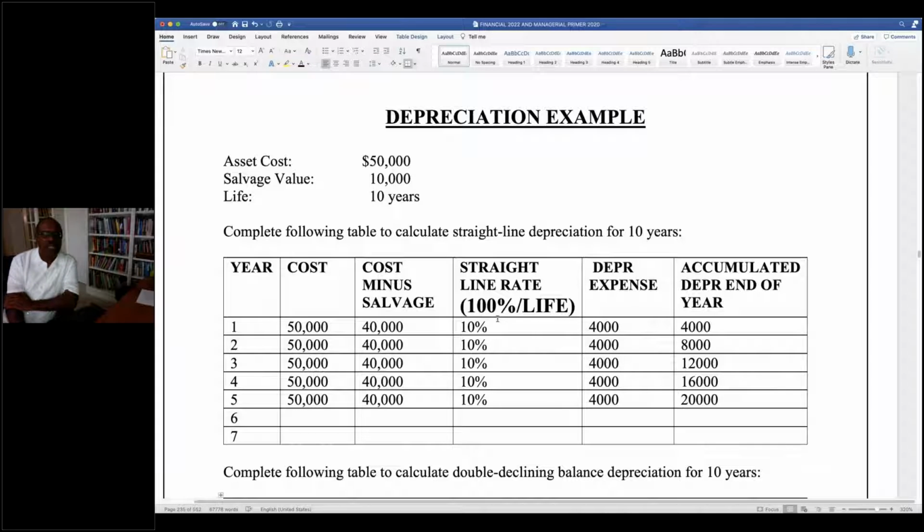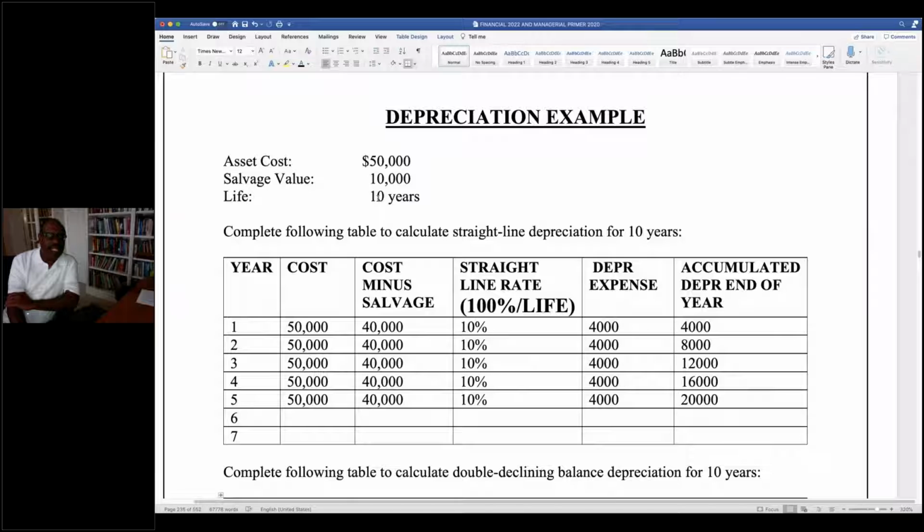if we're using straight line depreciation, the rate is actually 100%. The straight line rate is based on 100%, and we divide 100% by the life to get the rate. So rather than just dividing it, we come up with this rate.